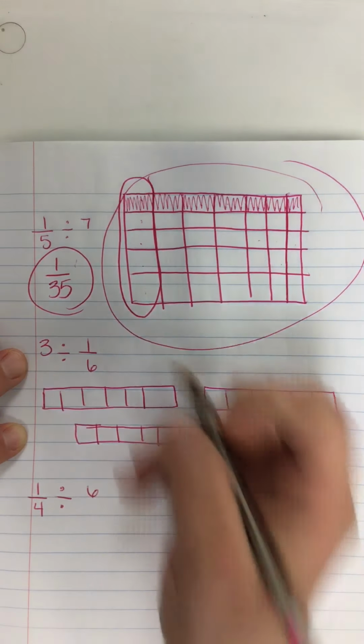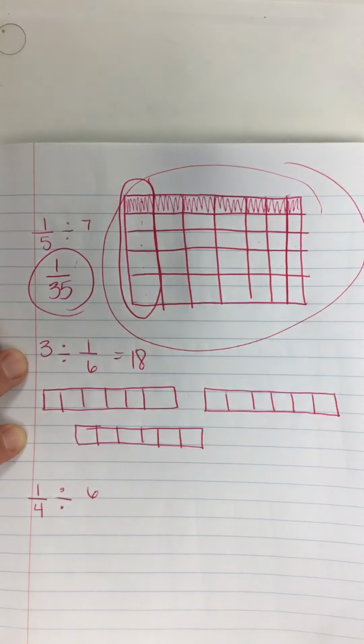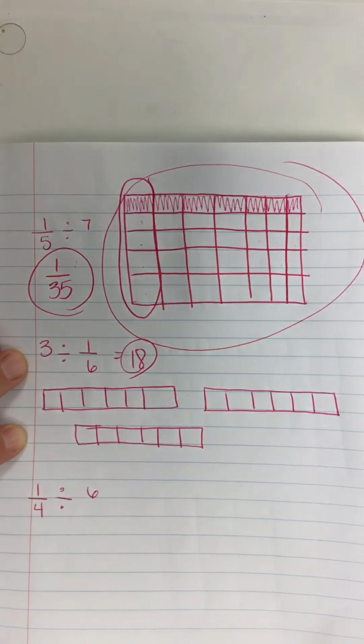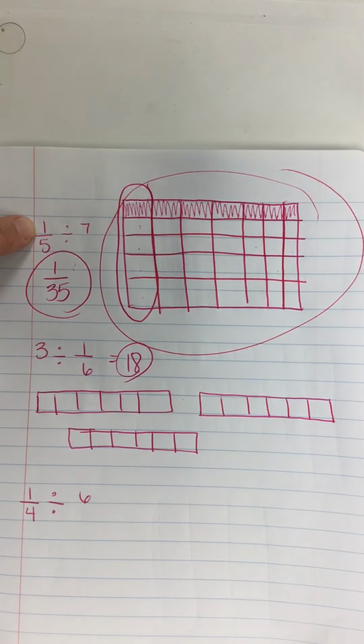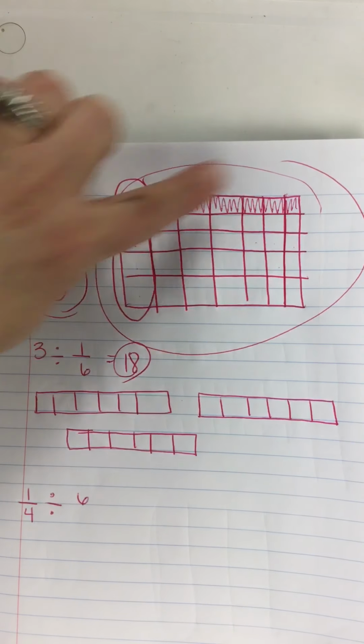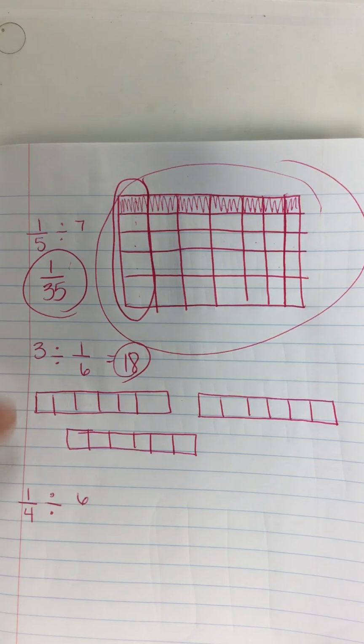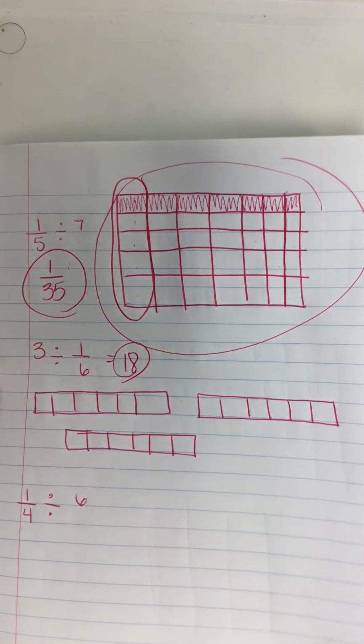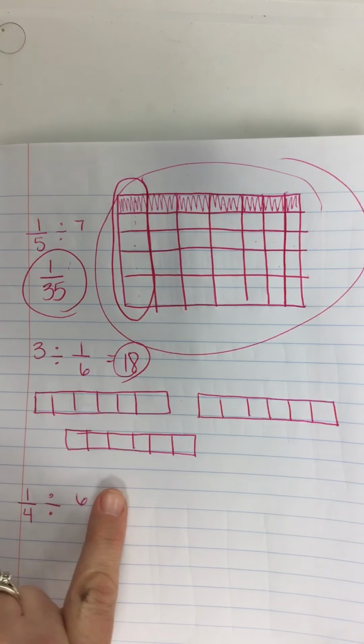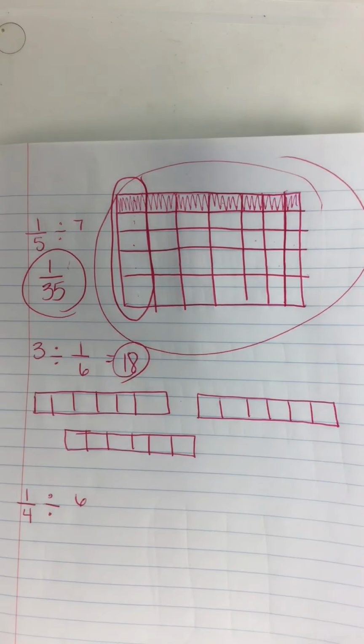So I have a total of 18 pieces. Okay, you see the difference? When I start with a fraction, I have 1 model and we're breaking it apart. When I start with a whole number, I have that number of models broken into whatever the fraction is.